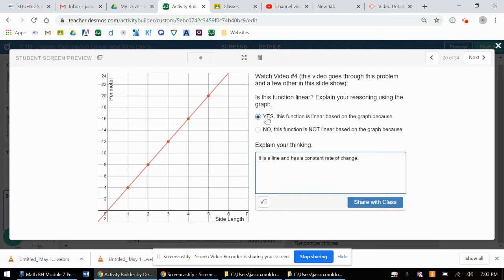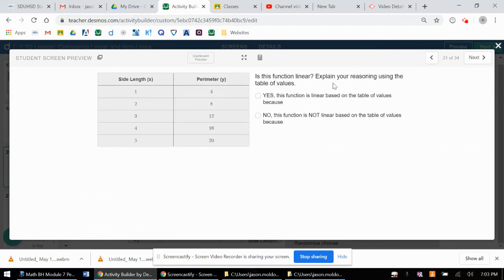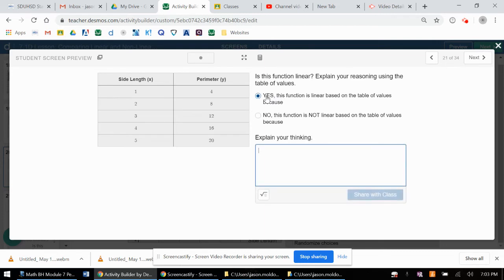But this is kind of a goofy question because if you just look at the graph, it looks like, smells like, feels like it's a line. Next one says, is this function linear based on the table of values? Well, the answer has to be the same, but maybe our justification is going to be a little bit different.